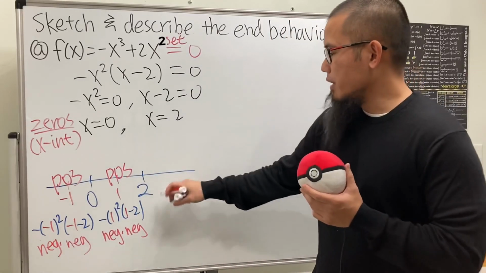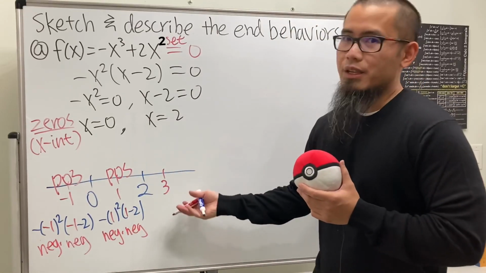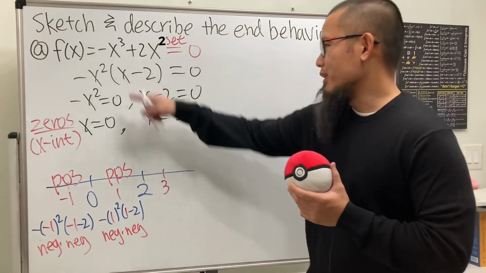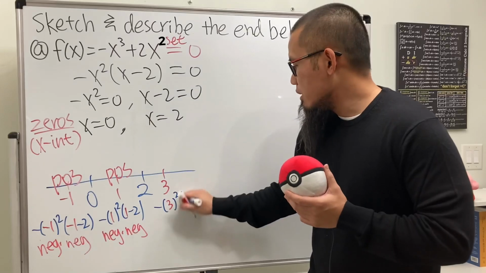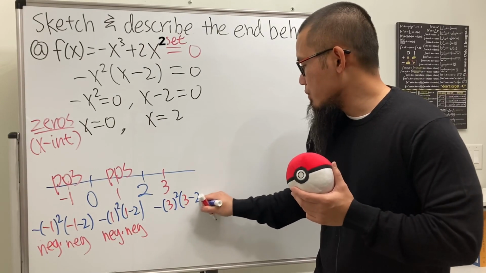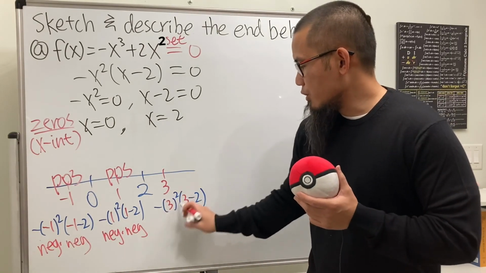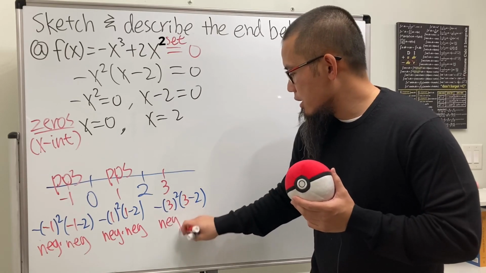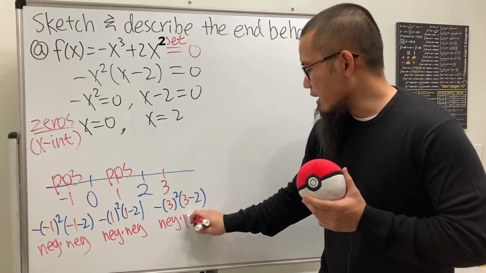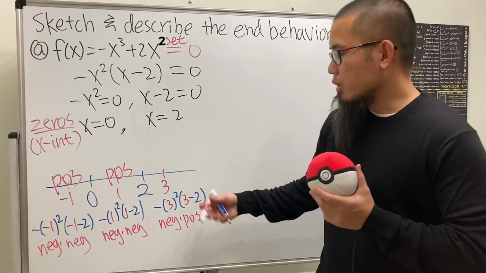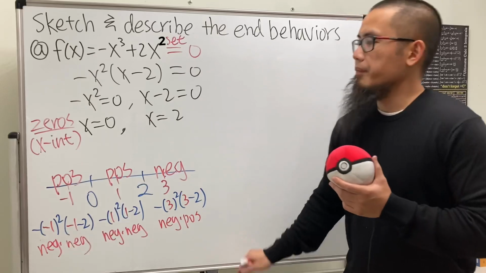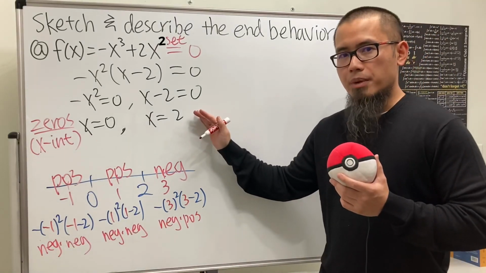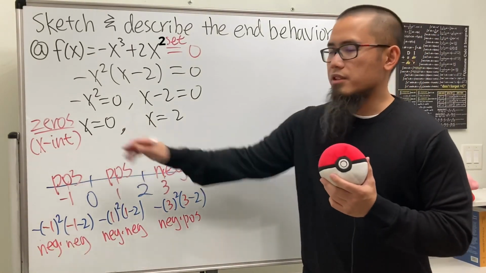And then lastly, we pick a number like 3, or if you would like, you can put 45, up to you. Anyway though, we get negative, and then we have 3 squared times 3 minus 2, and then this is going to be negative altogether, and then the second part is actually positive now, so this times that will give you negative.